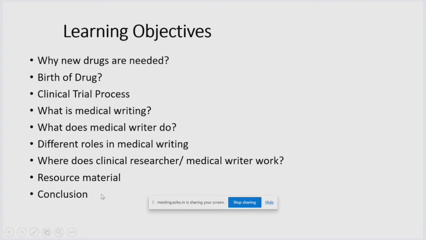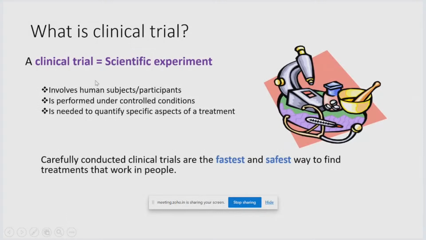So if we really want to understand what clinical trials are, clinical trials are nothing but scientific experiments. And to bring new drugs to the market, clinical trials are the only way out. There's no other way to find a new treatment, new drug, or a new vaccine.